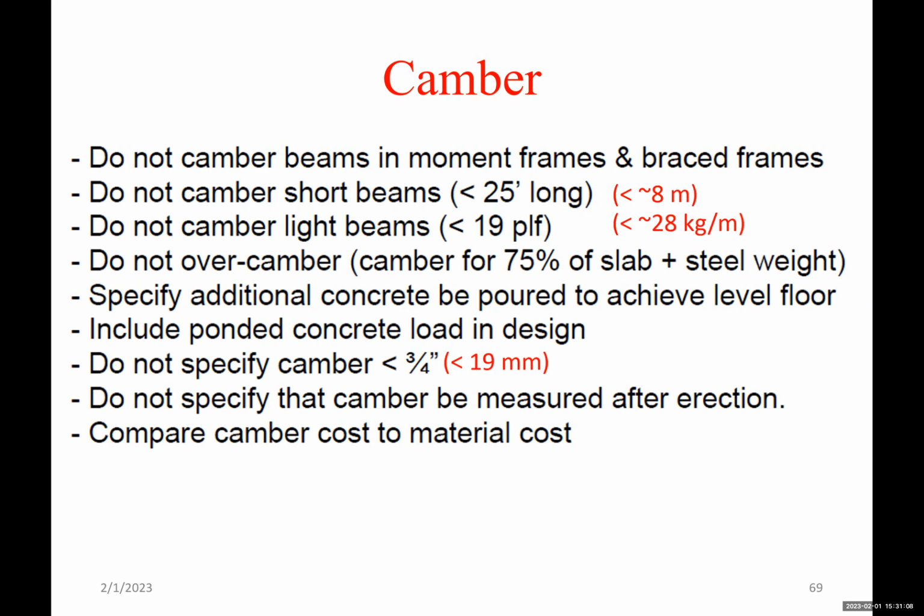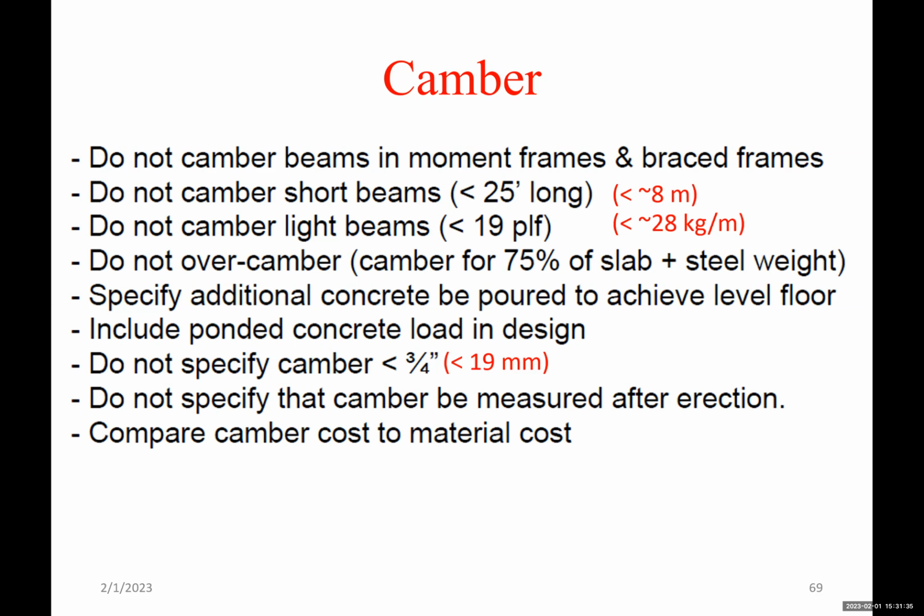That's why sometimes we need to camber for a certain percentage of the dead load, like 60%, 50%, 75%. So when the dead load is there, it will be almost level. If not, you need to specify maybe a little bit more of the dead load in the design, in case they add concrete to make it level.